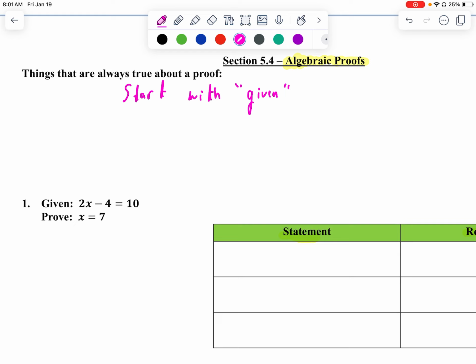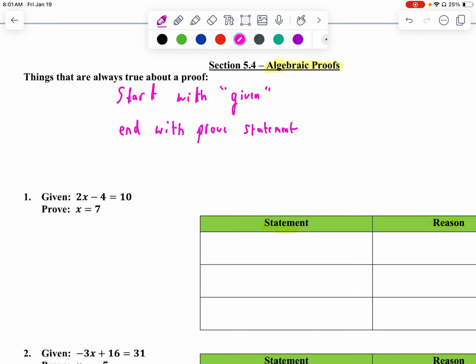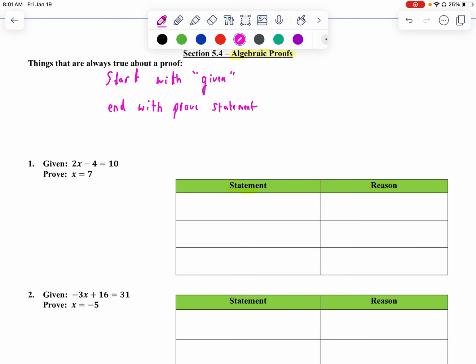It's what you start with. And they start with the given, and they're going to end with whatever you're trying to prove. So end with your prove statement. And for all the proofs we're going to do all year long, they're always going to be using these statement and reason boxes. You don't need a statement and reason box to do a proof. This is just a really great way to keep it nice and organized and makes it easier to go back and see what's really going on.